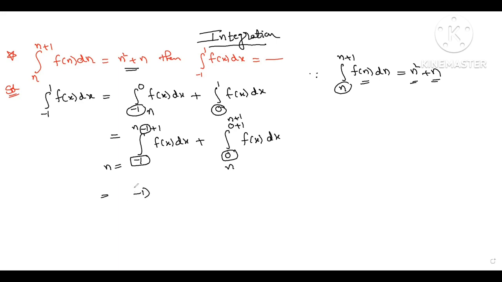So minus 1 whole square plus minus 1, plus in the second integral, in place of n we should write 0. So 0 square plus 0. What do we get here? Minus 1 whole square is plus 1, minus 1, it will be 0. The answer will be 0.